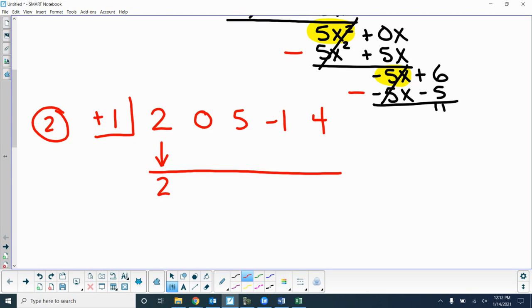Oh, you got it. Gabe, 2 times 1. We take this 1 in the corner times this 2, which is 2, and that goes above the line. Braden, what do I do with the 0 and the 2? Yes, you add in synthetic.